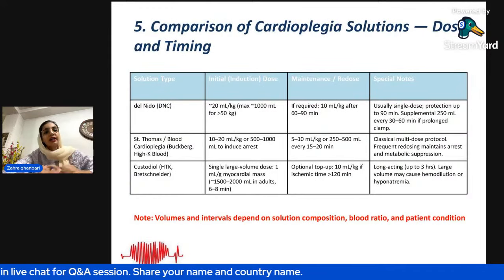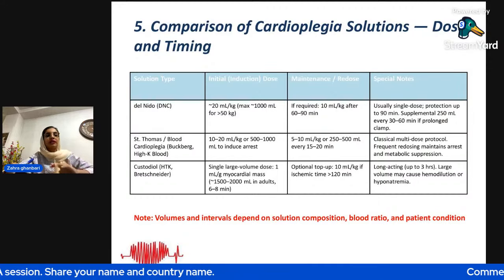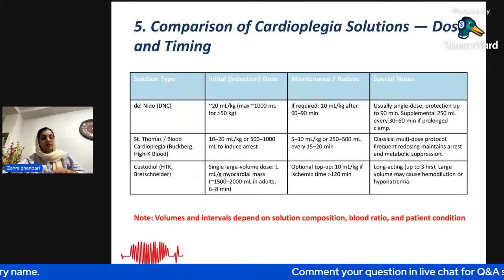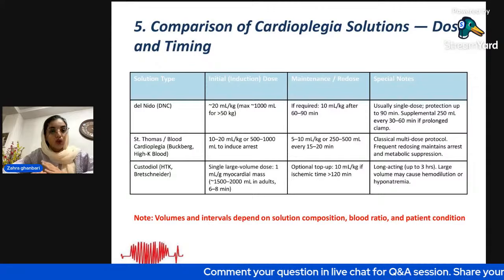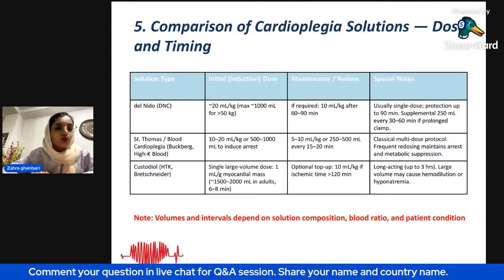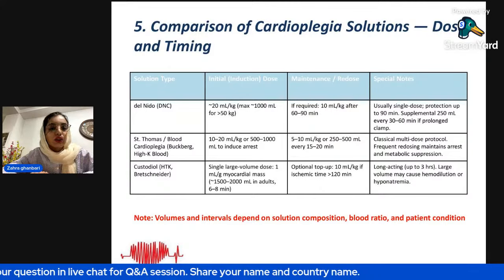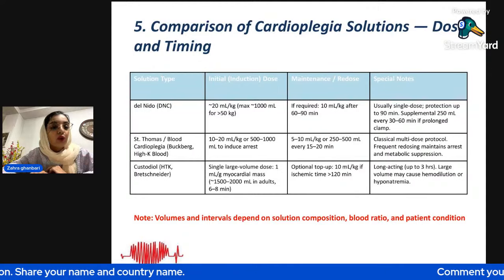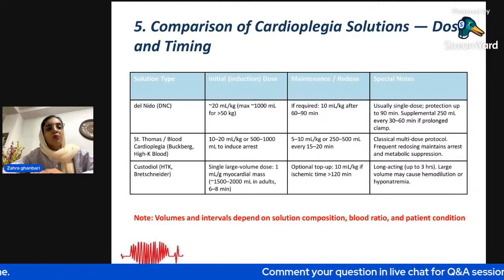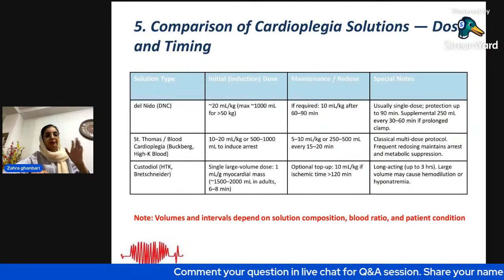Thank you. Okay, this slide talks about the dosing and timing of cardioplegia solution. For Del Nido, the initial dose is around 20 milliliters per kilogram, and the maximum induction dose is about 1,000 milliliters for patients more than 50 kilograms.